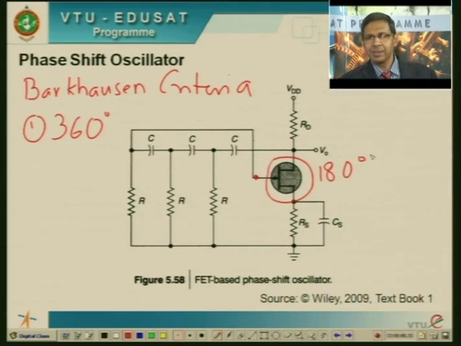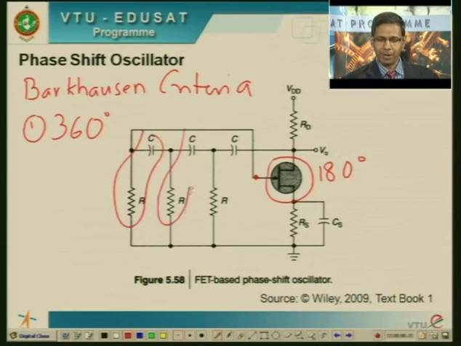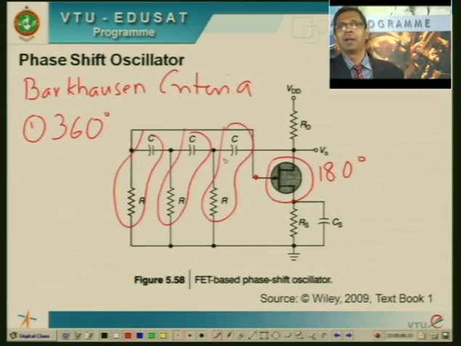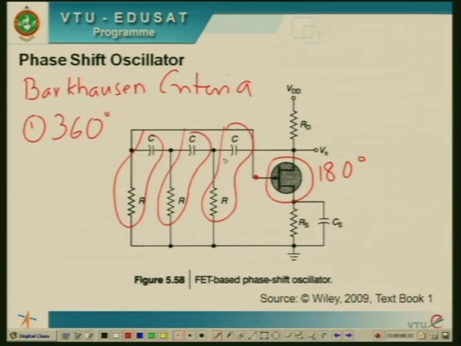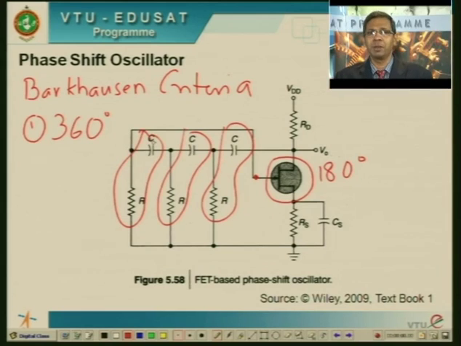So the transistor stage gives here a phase shift of 180 degrees, and then we have 3 RC circuits, right? RC, RC and RC. So together combined, they are going to give a total phase shift of 360.